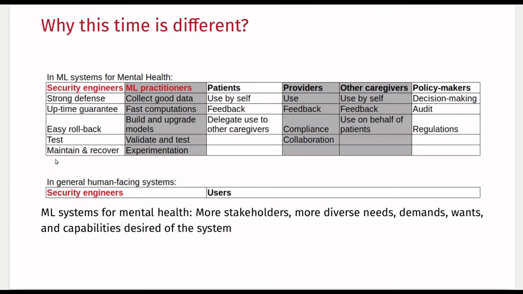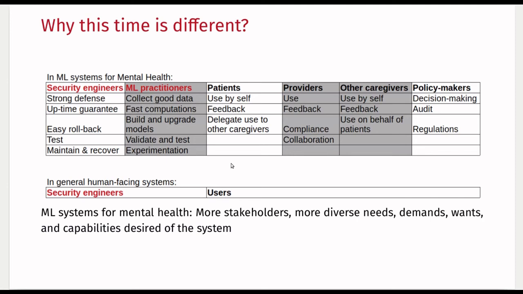And on the user side, there are more diverse user groups. For example, there are patients, providers, other caregivers to the patients, and policymakers in the picture. And each of those groups has rather different goals, actions, and desires that they want to perform through the system. Well, you ask why this poses a challenge to usable security.